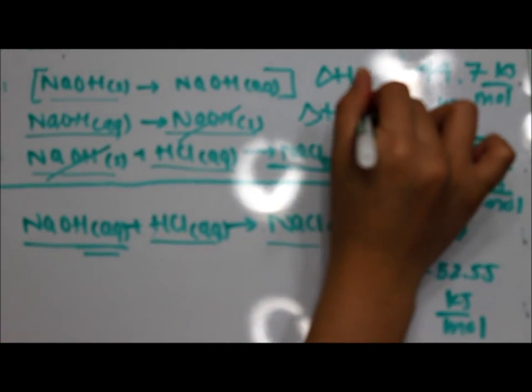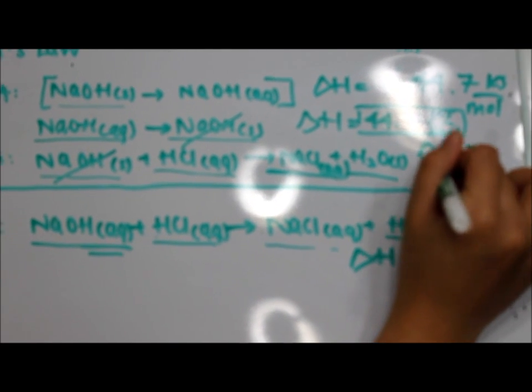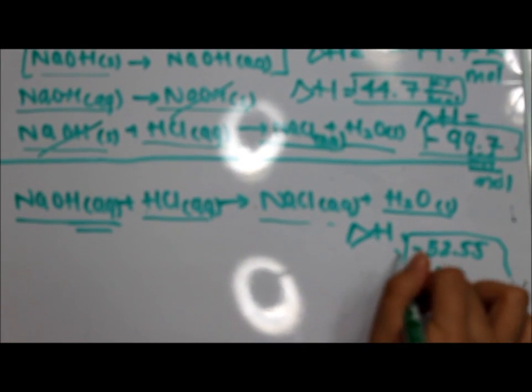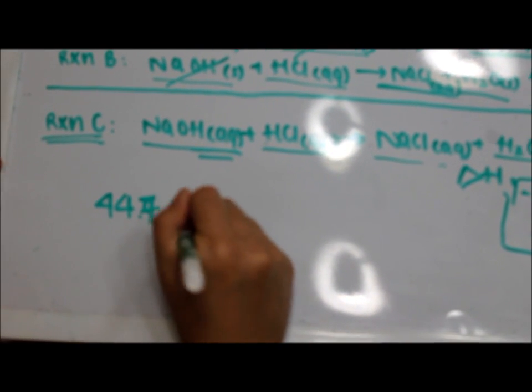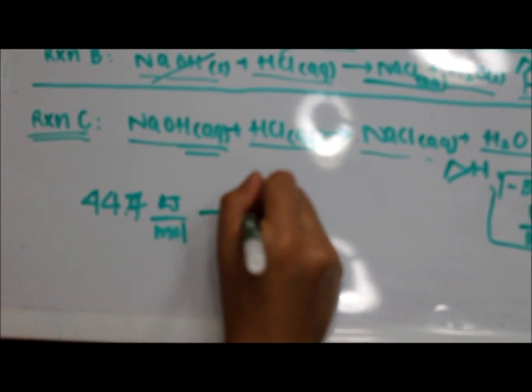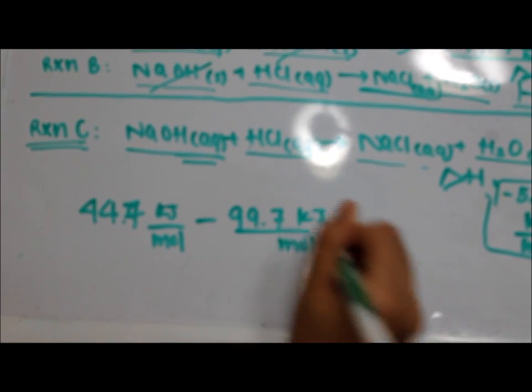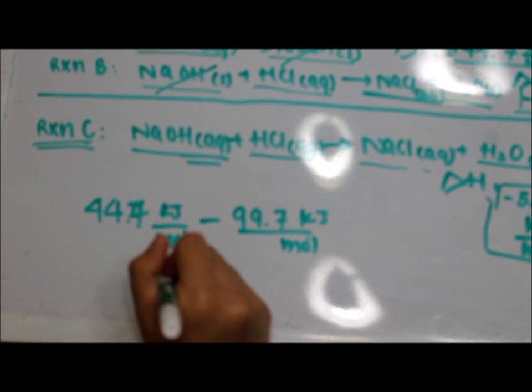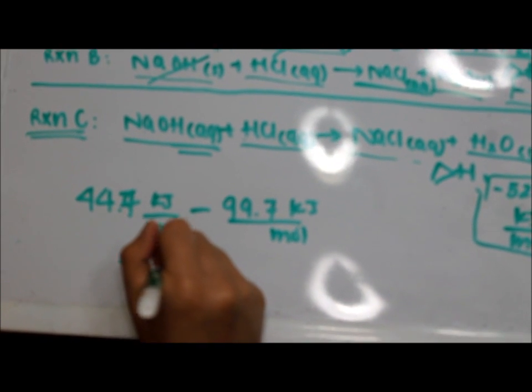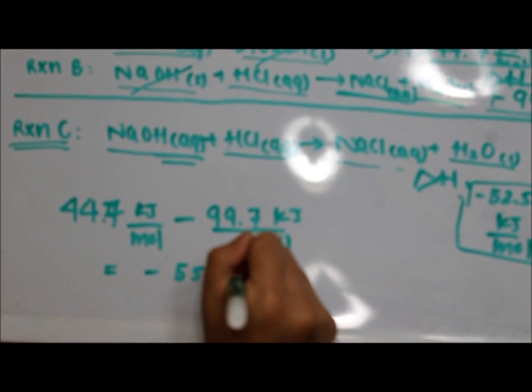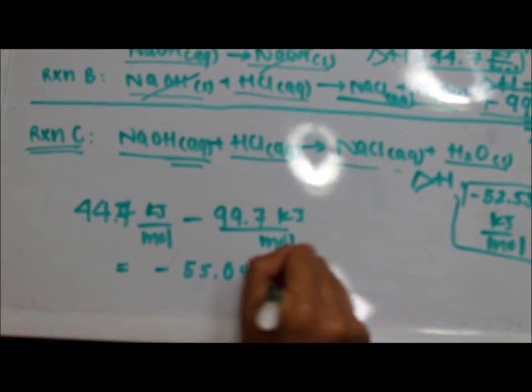So that's our reaction. And what we're going to do is add the enthalpies together, and hopefully we'll get something similar to this figure right here. So if we do the math, we will get something like -55.06 kilojoules per mole.